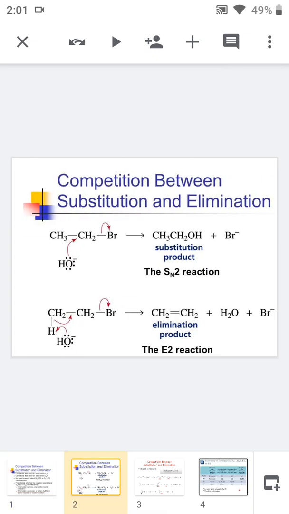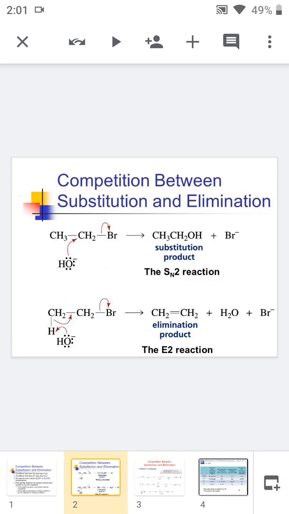Now consider this example. Our starting material is a primary alkyl halide and our base is OH minus ion. So how do the E2 and SN2 reactions occur in the same starting material using a base? First is the SN2 reaction, in which the OH minus ion attacks the carbon atom and bromine, as the leaving group, is eliminated from the starting material.